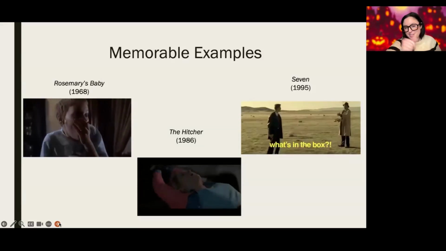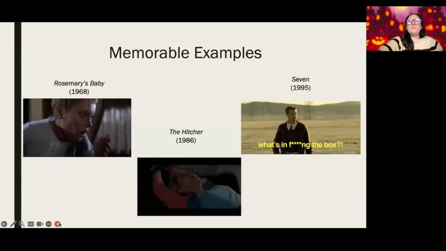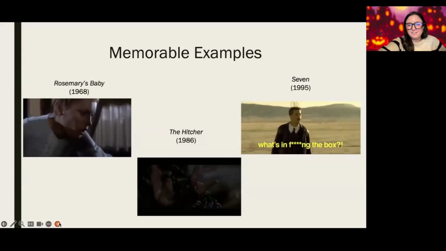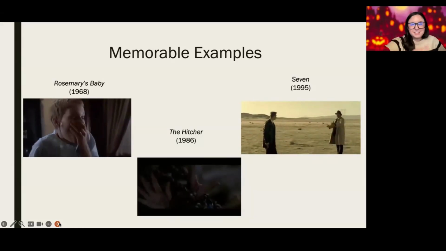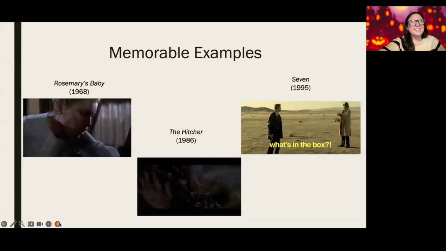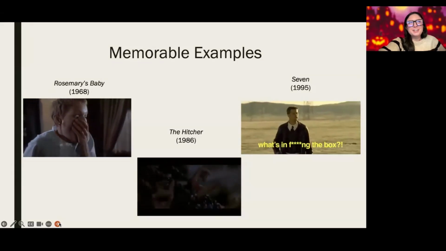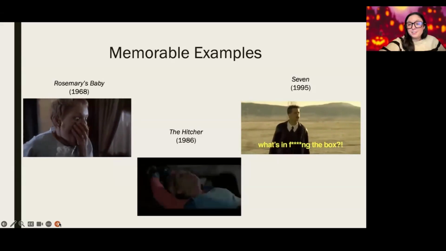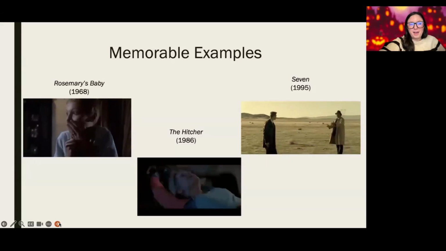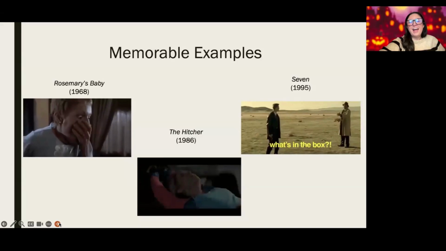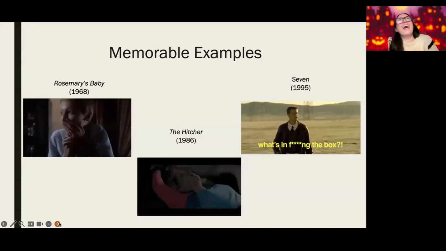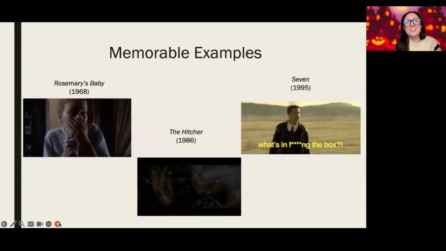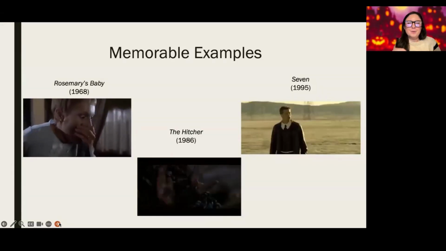Another example of misdirection, less well known, but a movie I stumbled on in the past week or two, is a film called The Hitcher from 1986. Basically, serial killer hitchhiker, but at a climactic moment in the film, one of the main characters is tied to the back of a semi-truck and a light pole, and the killer is in the cab with his hand on the brake, and the hero is facing off.